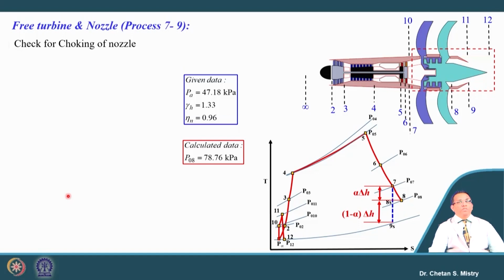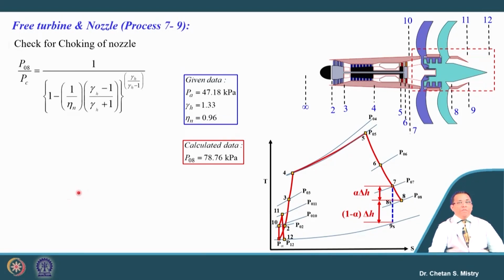Now, the process here is in terms of the nozzle. We need to calculate the outlet pressure from this nozzle, and the very first thing we need to do is calculate the critical pressure or critical pressure ratio, because that will help us understand whether the nozzle is choked or unchoked.